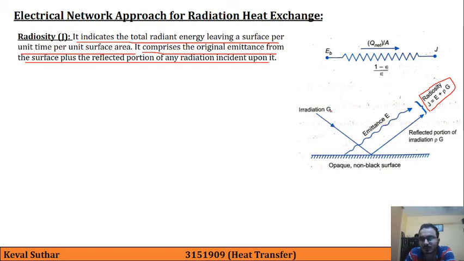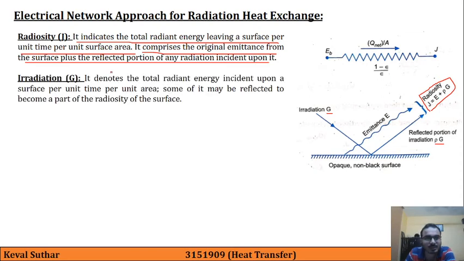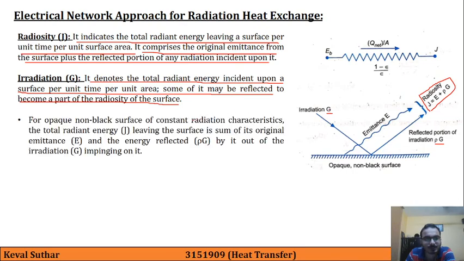Let us say total radiant energy incident is G, so the reflected portion will be rho into G. So radiosity is equal to the emittance plus the reflected portion, that is rho into G. Now what is irradiation? It denotes the total radiant energy incident upon a surface per unit area per unit time. Some of it may be reflected or become part of the radiosity of the surface. So we are talking about irradiation G.